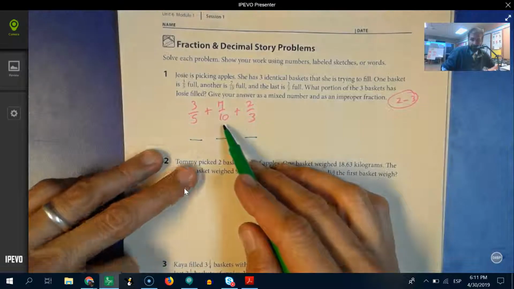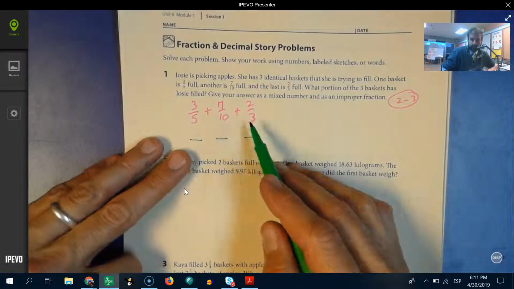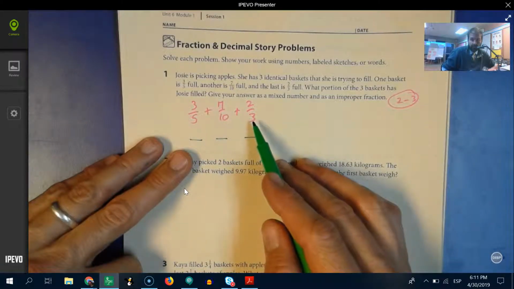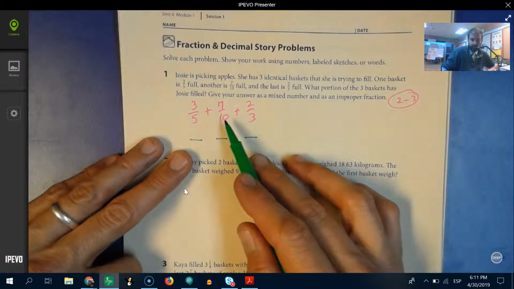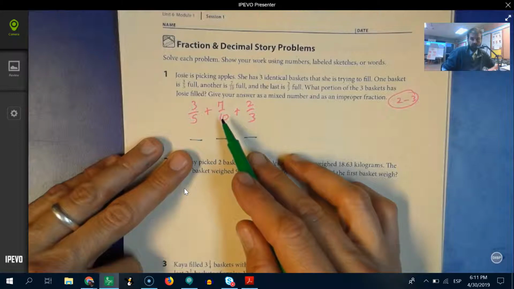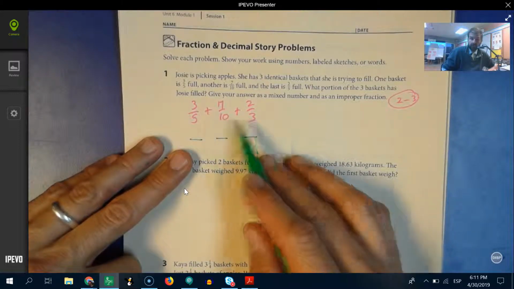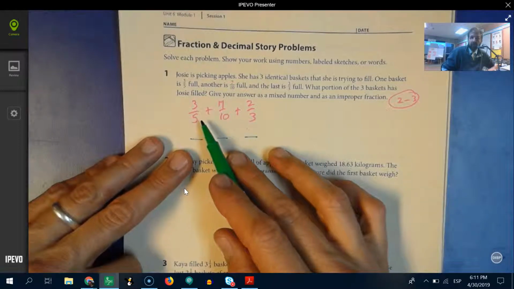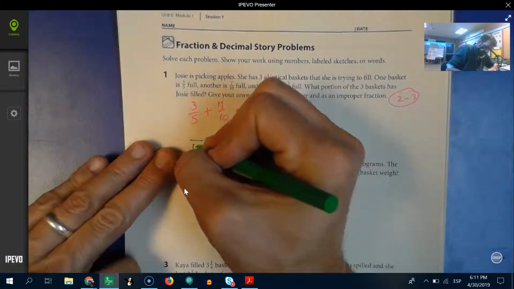Let's look at the biggest one, 10. I can't multiply a whole number by 3 and get 10. What about 20? Nope. 30? Yeah, 3 times 10 is 30. What about 5? Can I get to 30? Yep, times 6.